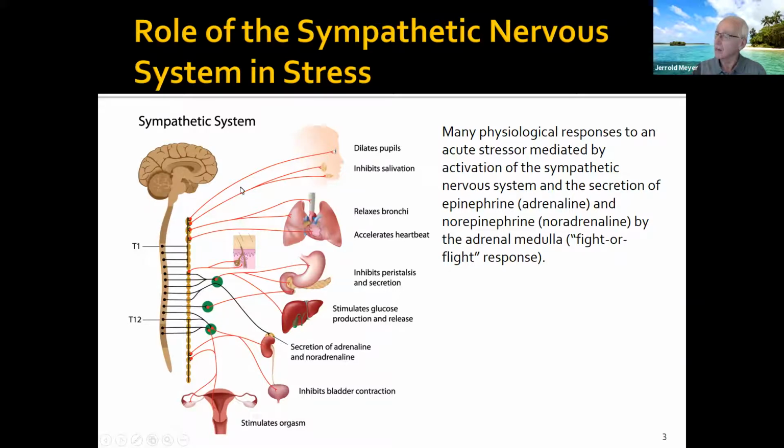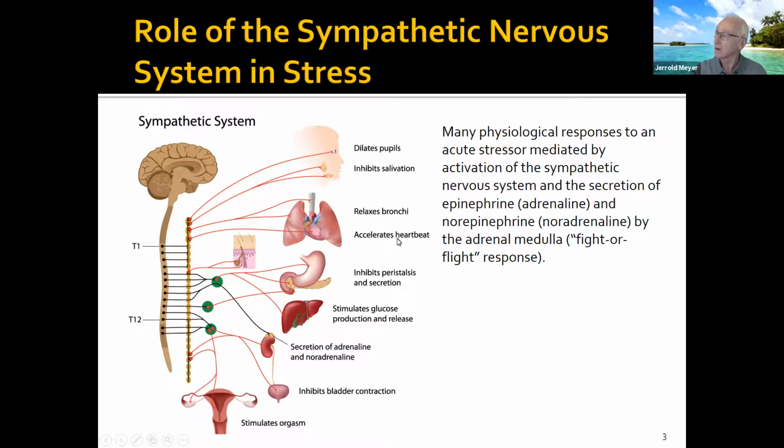And then the sympathetic ganglia innervate, through postganglionic sympathetic nerve fibers, the pupils. So pupils are dilated to let in more light. Saliva, which is important to begin the digestive process, is inhibited. The bronchi are the smooth muscle that determines the amount of opening of the bronchi are relaxed. The smooth muscle is inhibited. This allows more air to come in.